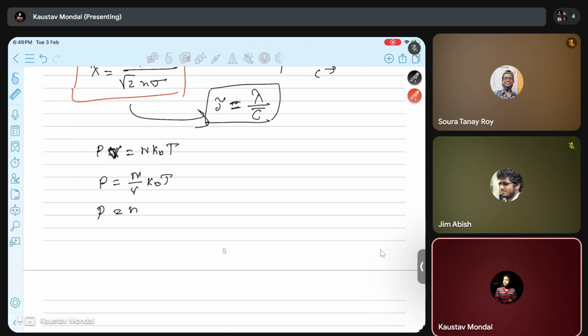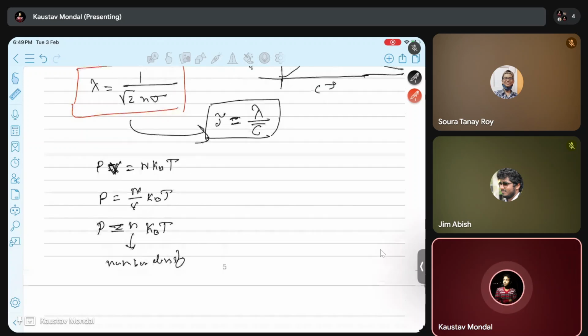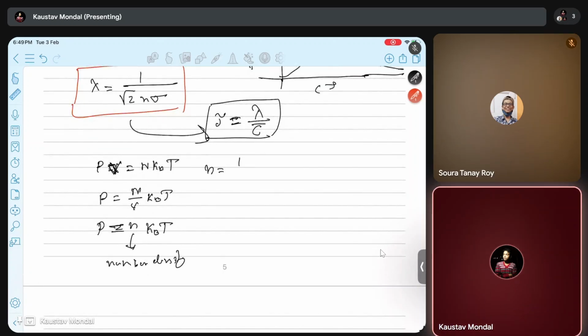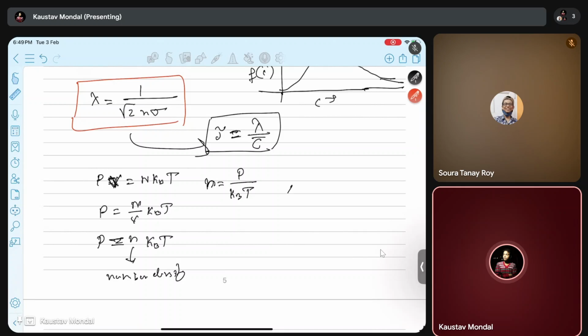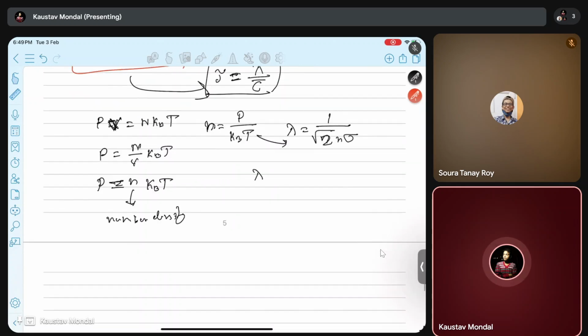So the number density N by V, we can write as P by kT. Now if you plug this N into the expression of lambda, which is 1 by root 2 N sigma, you can write lambda in terms of pressure also: lambda equals kT by root 2 P sigma.